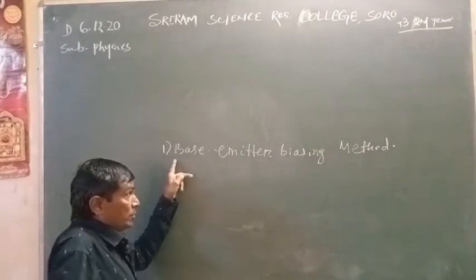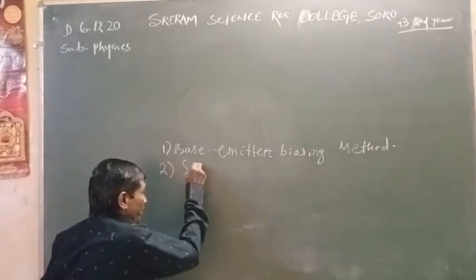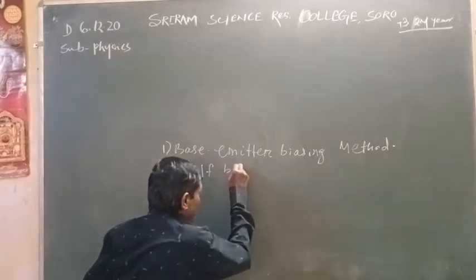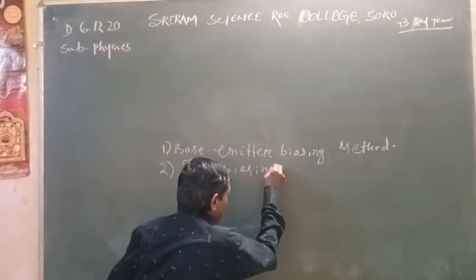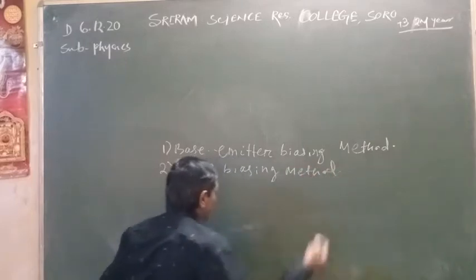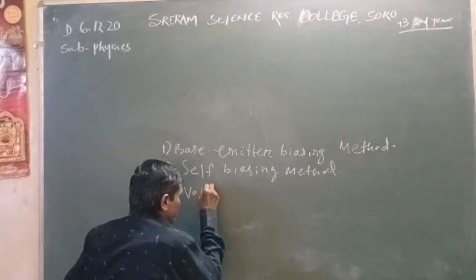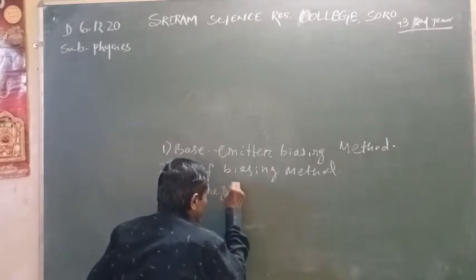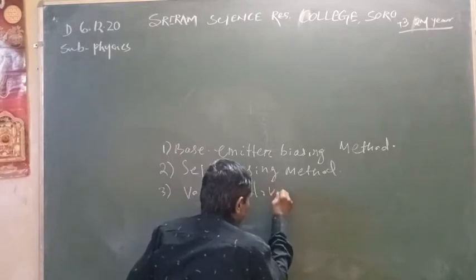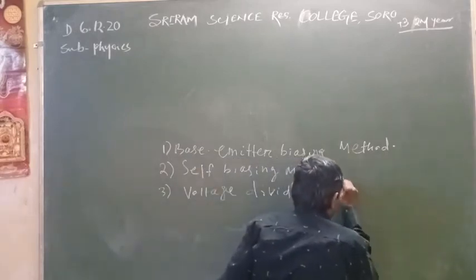Here this is the base emitter biasing method. Second one is the self biasing method. Third one is the voltage divider biasing method.